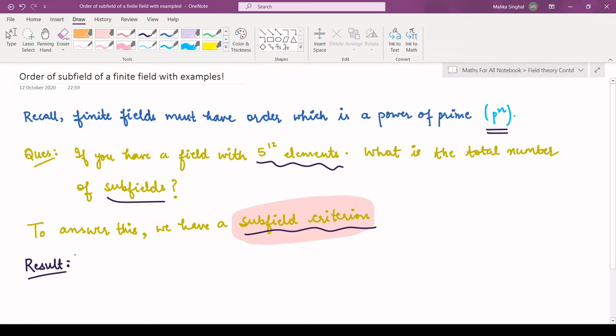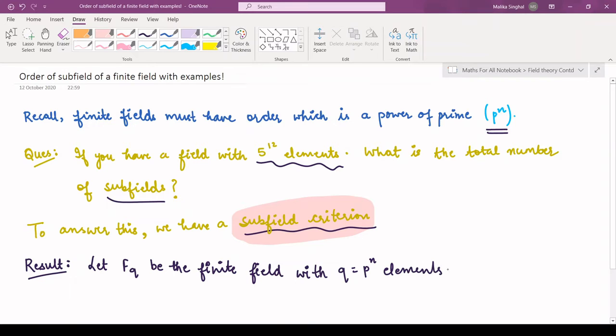So what is that? For that, assume let FQ be the given finite field with the number of elements Q equal to p to the power n.